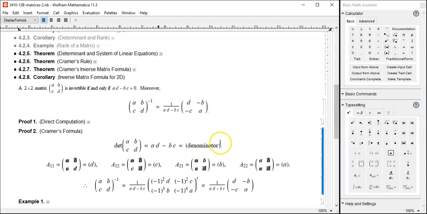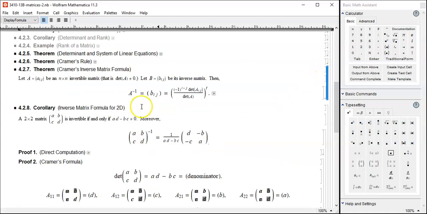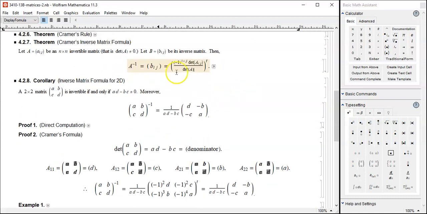But here we go. AD minus BC is the denominator because Cramer's formula says we need the determinant down here. And what's left over here is negative 1 to the i plus j power. If I have 1, 1, then negative 1 to the 1 plus 1 power is positive. If you have 1, 2, then negative 1 to the third power is negative.